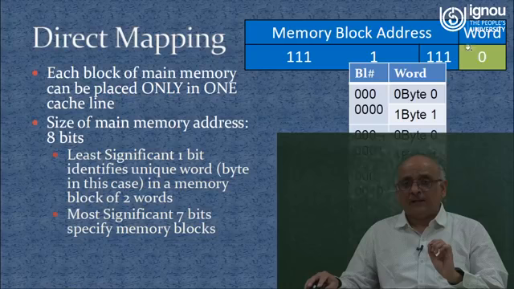The overall address is 8 bits, and this green bit represents which byte: if it is 0, it is byte 0; if it is 1, we are referring to byte 1. On this particular address, if you compare, we have all ones here. So how do we identify whether this particular address is in the cache or not? That is what is to be checked.